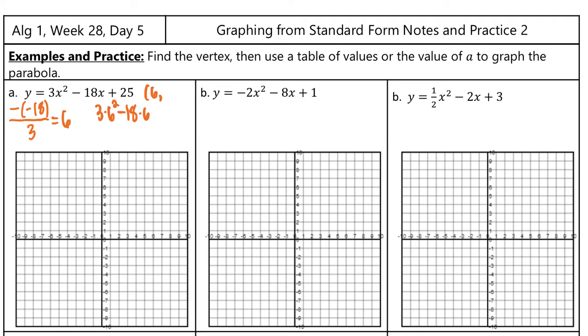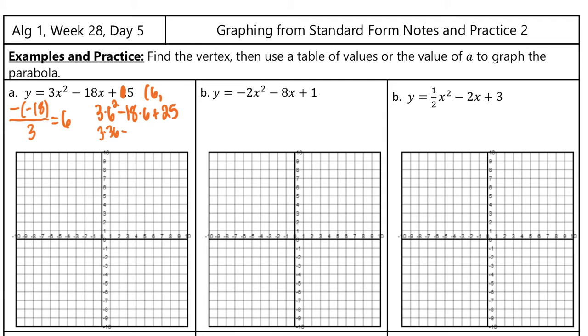6 squared is 36. And then we times it by 3. I would just plug it into my calculator, but I'm too lazy to get a calculator. That's ridiculous. I have Desmos on my phone. I was definitely worried about the 25 on the end there. I don't think that's what I meant for it to be. Let's pretend that it's just 5 instead.